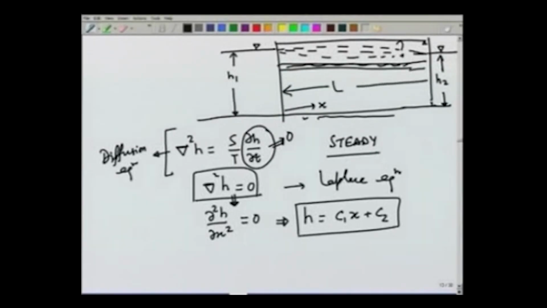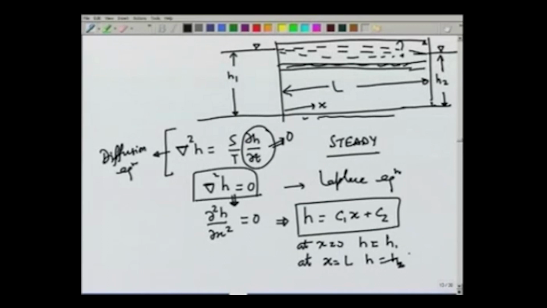In this case, considering the length of the aquifer to be L, the boundary conditions are at x equal to 0, h equal to h1, and at x equal to L, h equal to h2.